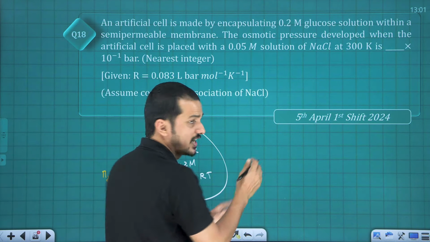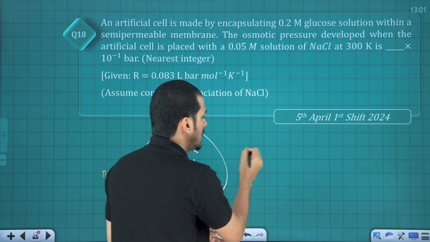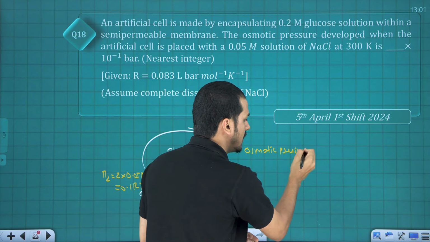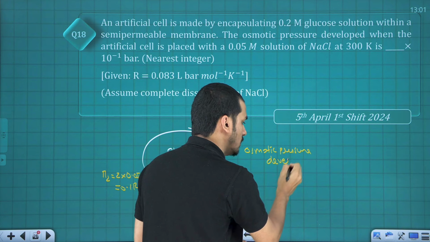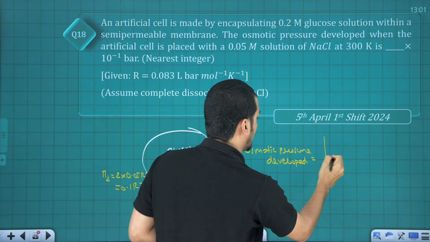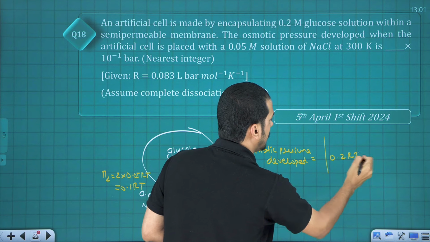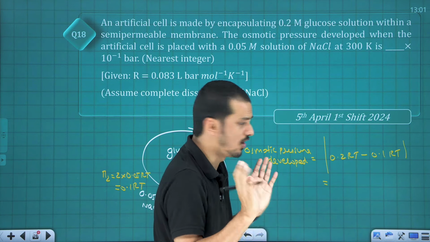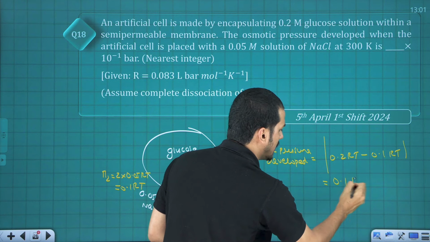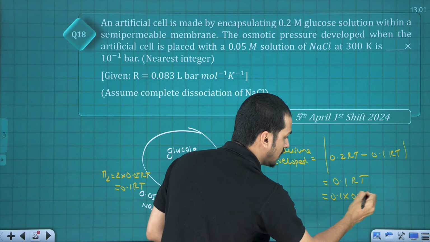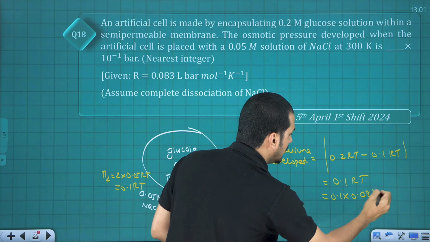So what is the difference? That is the osmotic pressure developed. So osmotic pressure developed is equal to the modulus difference, okay, 0.2 RT minus 0.1 RT, higher minus lower. So that's equal to 0.1 RT. So that's equal to 0.1 into 0.0831 into temperature.